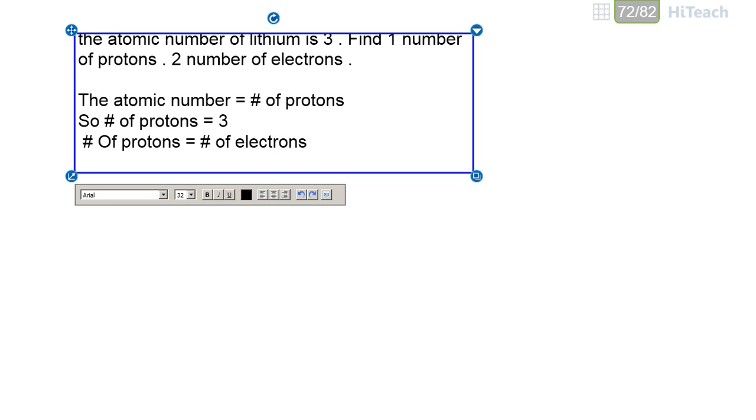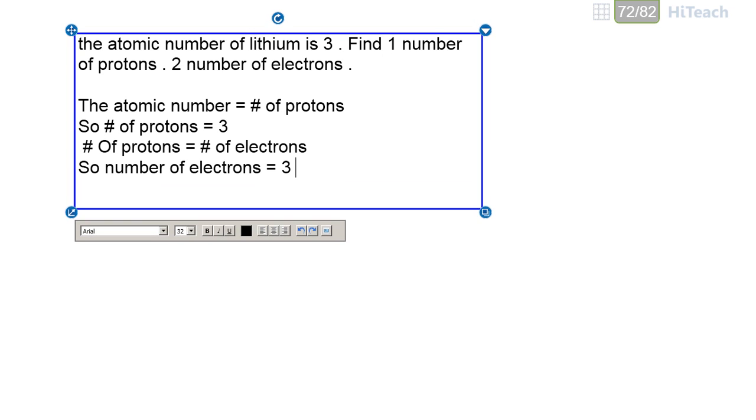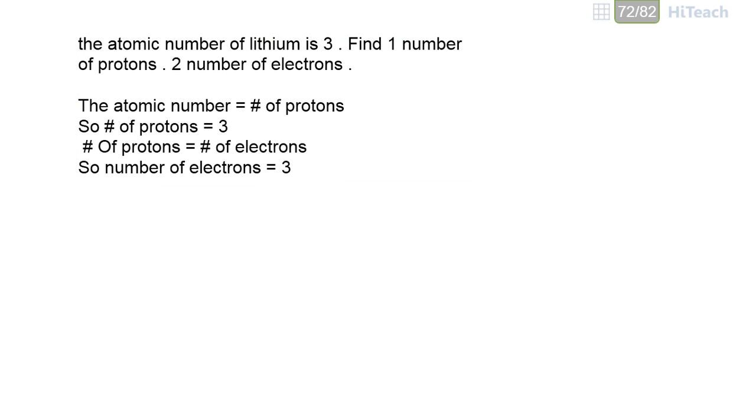So the number of electrons equals 3. Is this one clear? This is example number 2, write it down.